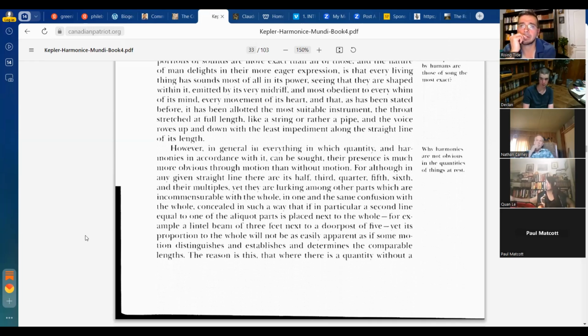However, in general, in everything in which quantity and harmonies in accordance with it can be sought, their presence is much more obvious through motion than without motion.